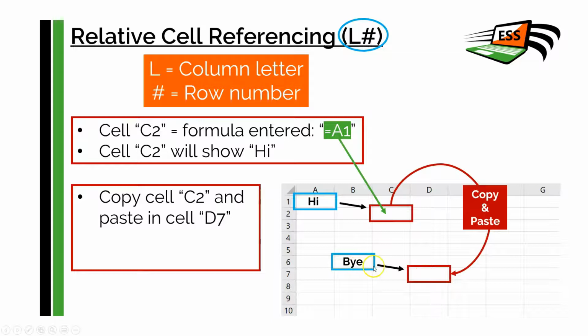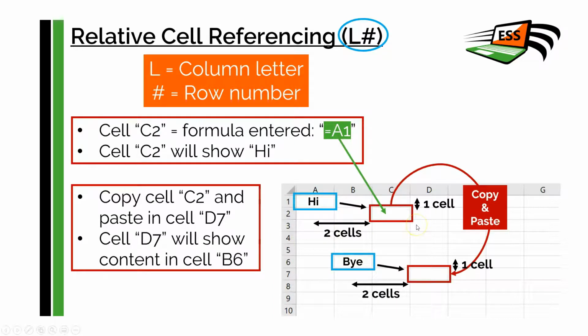The question is why? Because we look at relative position from the original. C2's relative position to "hi", or "hi"'s relative position to C2, was one cell up and two cells to the left. So if you pasted that same formula down to D7, one cell up, two cells to the left, it retains the same position from the previous one, copying the word "bye" to that.